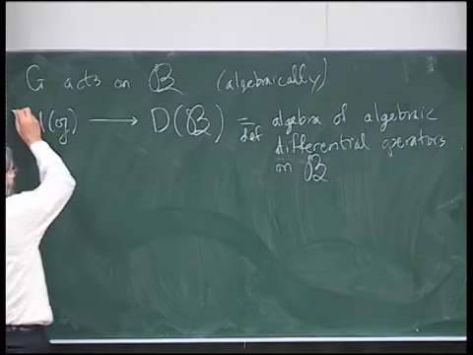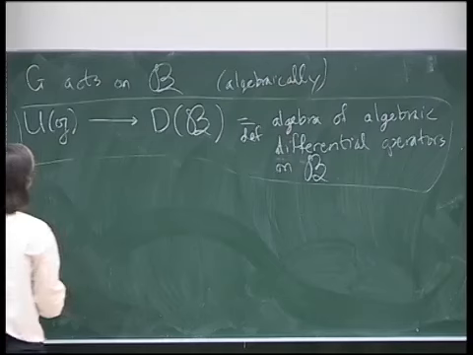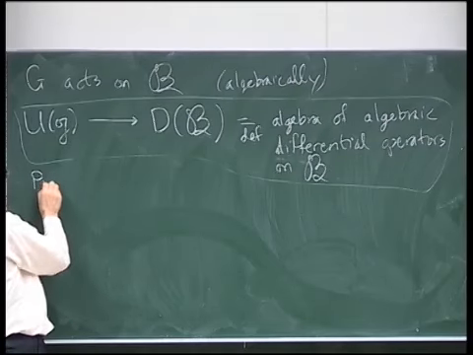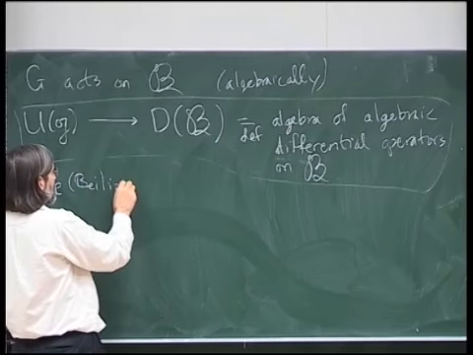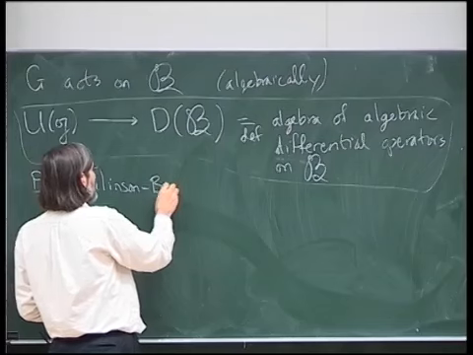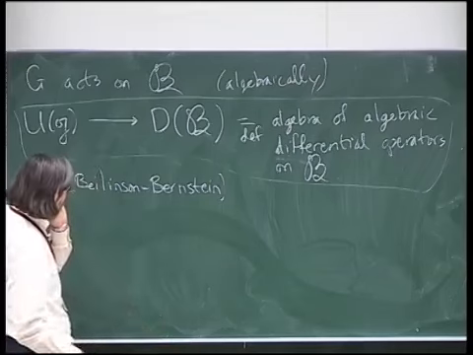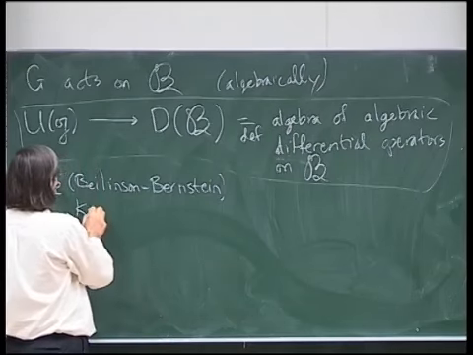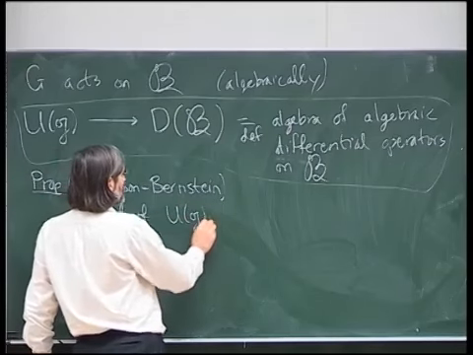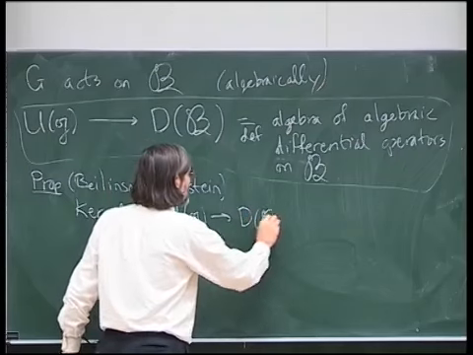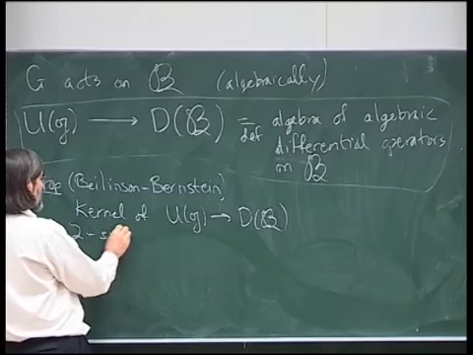well, all right, let me just say that you have this map, and the proposition of Beilinson and Bernstein is that the kernel of this map from U of G to these differential operators is, not surprisingly, a two-sided ideal.